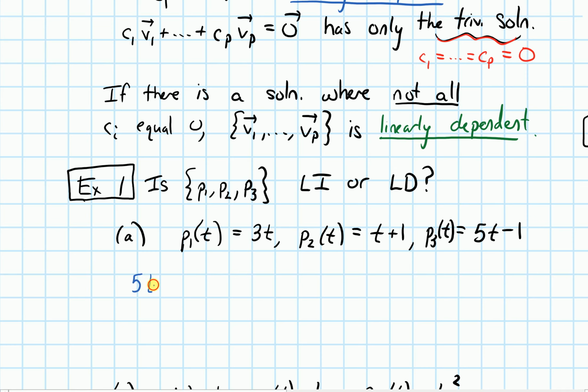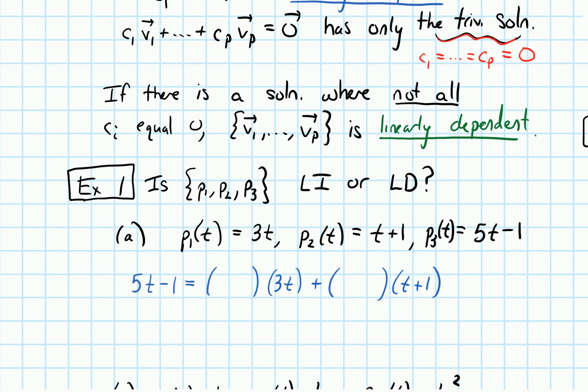If I look at my third polynomial, 5t minus 1, I can write that as something times the first polynomial, something times 3t, plus something times the second polynomial, which was t plus 1. In other words, I can write 5t minus 1 as a linear combination of p1 of t and p2 of t.